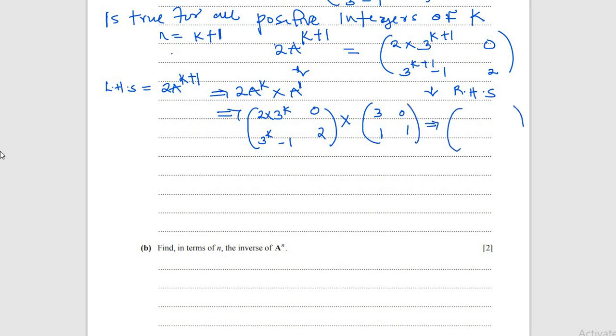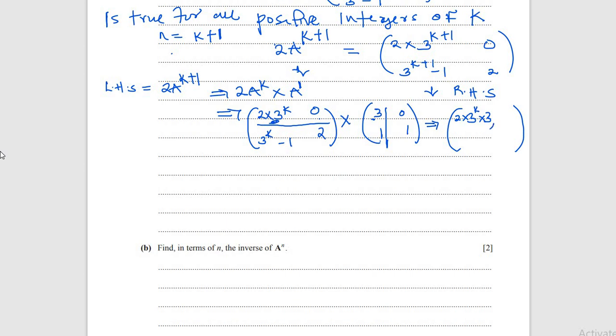So let's open the bracket. Multiplication of matrices. First, this first row we multiply by the first column. So this multiplied by 3, we have 2 times 3 raised to the power k times 3. 0 multiplied by 1 is 0. When you add 0 to this, you have the same thing.